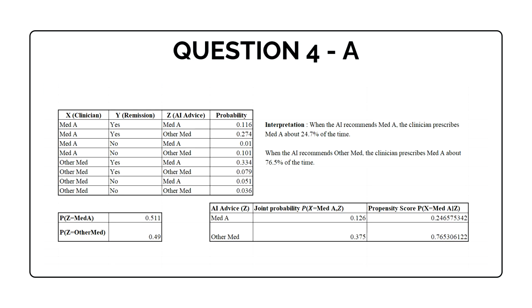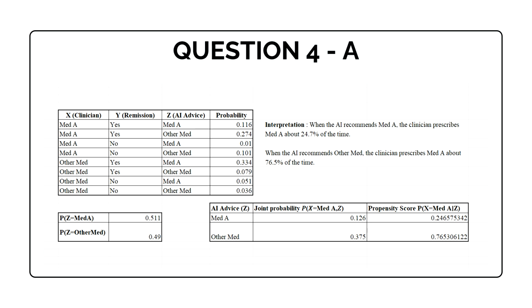This slide shows the calculation for part A of the question. We needed to calculate the propensity of the clinician prescribing med A for each AI recommendation. From the joint table on the left, we first find how often AI recommends med A overall, which is 0.511, and how often AI recommends other med overall, which is 0.49.